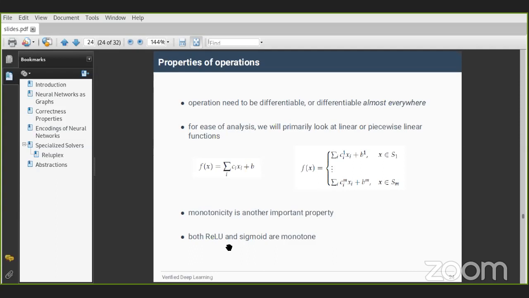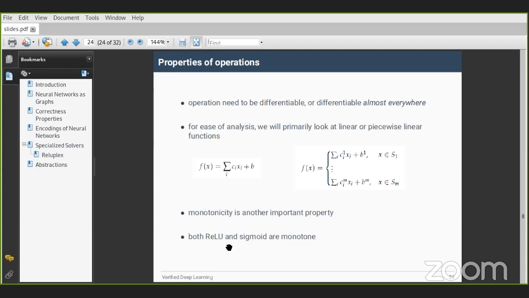Here we are talking about why we use relus or any other function, and what is the property that we expect. The property that is expected is that the operation needs to be differentiable, or at least differentiable almost everywhere. For instance, this relu is differentiable almost everywhere except at x equal to 0, where there's a sharp bend.